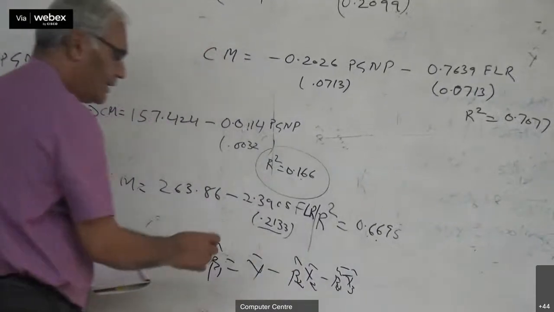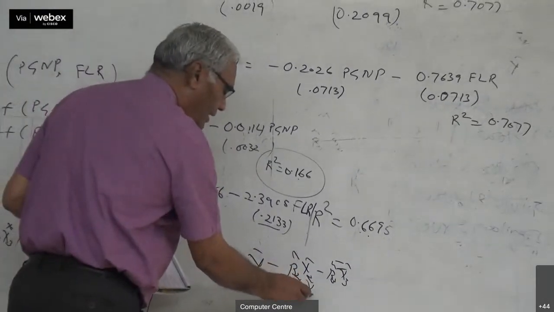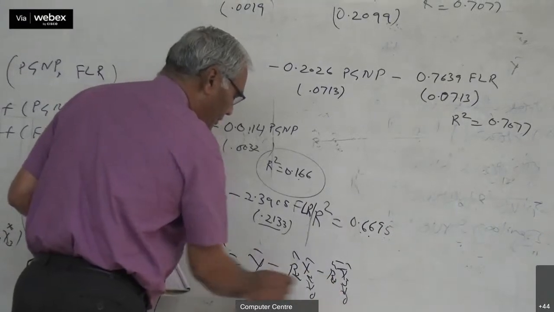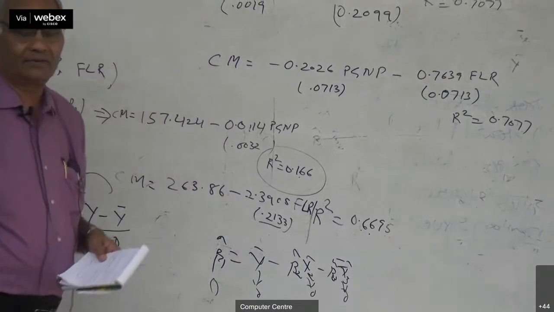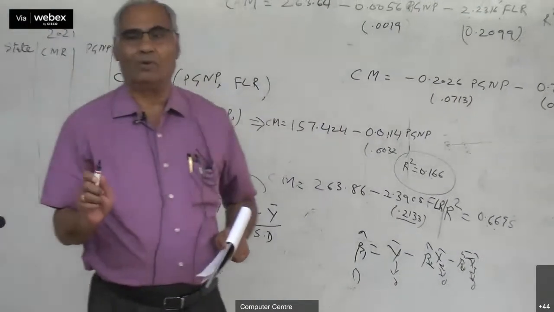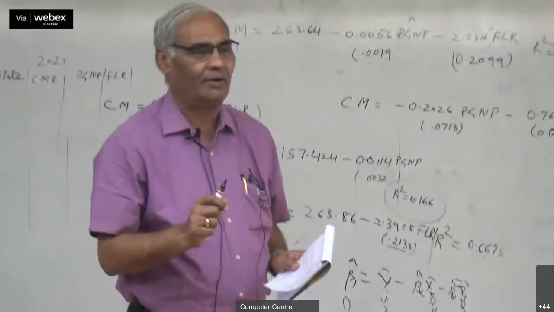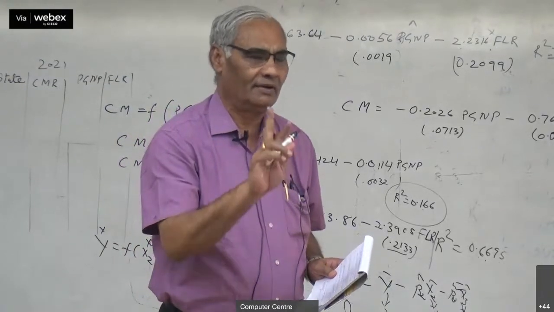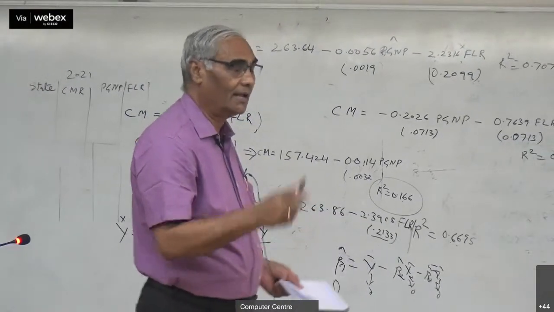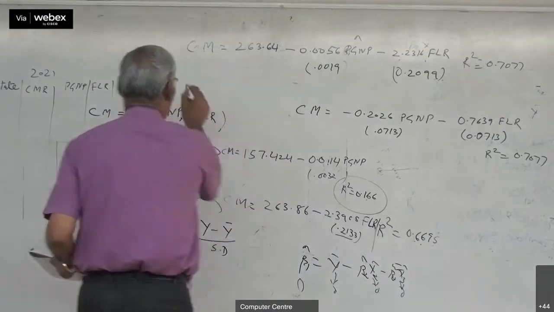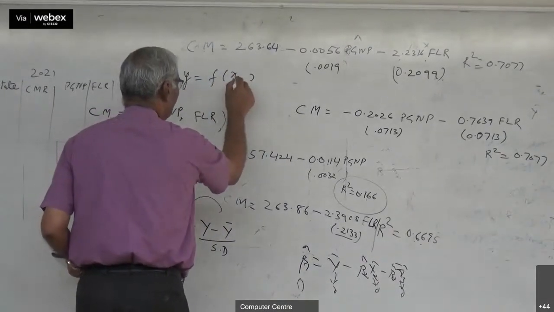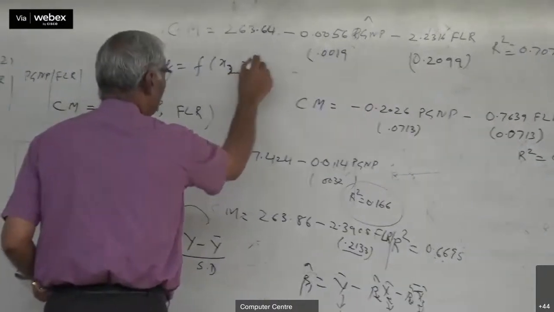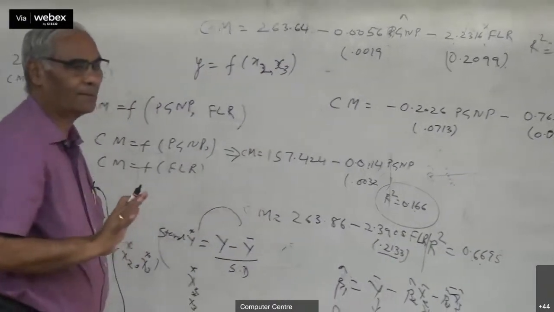So the mean is zero. There will be no intercept if you are regressing on deviation values or standardized values. Even if you regress standardized y on x2 and x3, there will be no intercept.